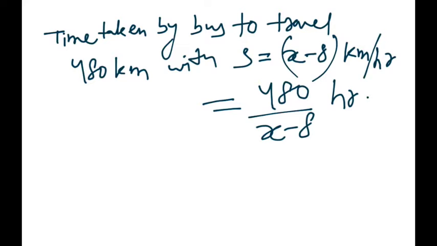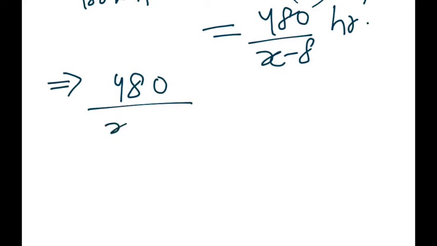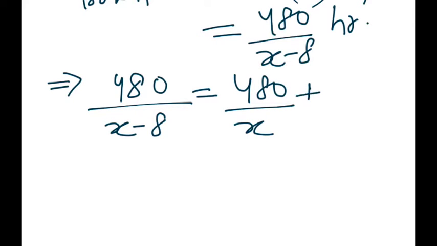Now it is given that if the speed had been 8 km per hour less, then the bus would have taken 3 hours more to cover the same distance. Okay, so once we solve this, and again let me repeat, how did we get this?